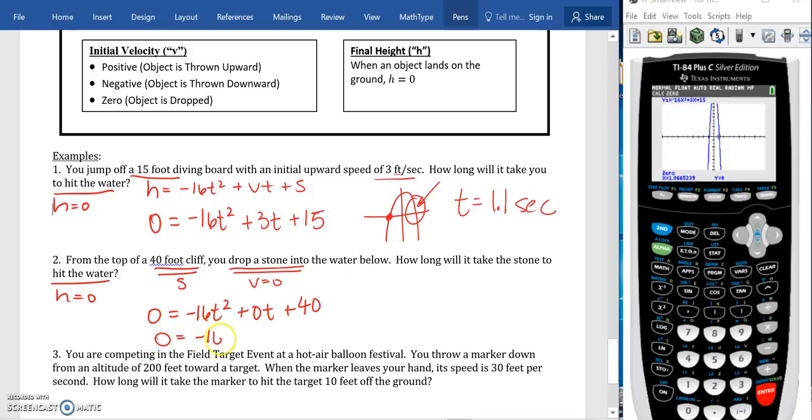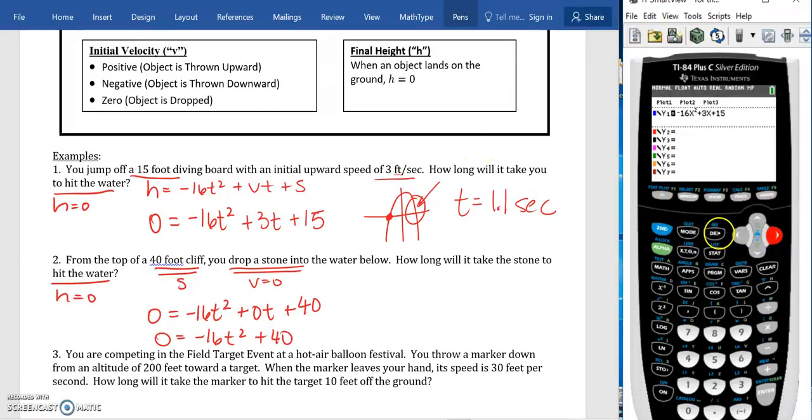You could do negative 16t squared plus 40. So we've got our model set up. We go to our calculator, and actually, just delete some of these. So negative 16x squared plus 40, and then graph it.